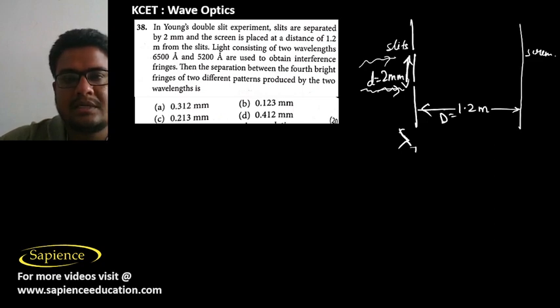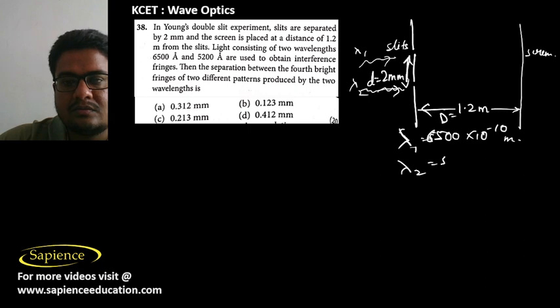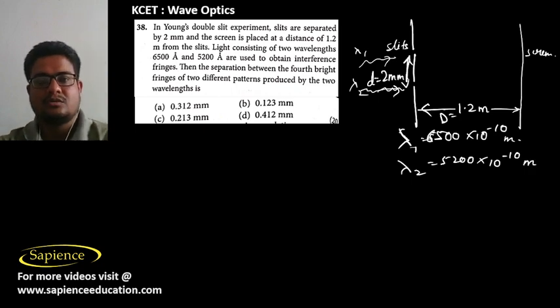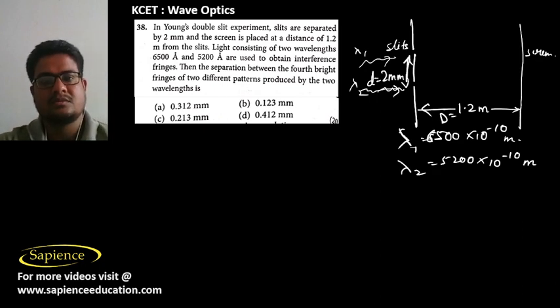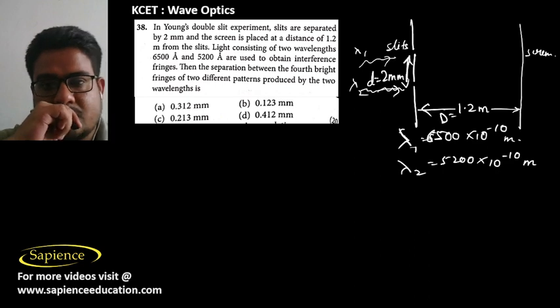The light consists of two wavelengths, lambda 1 and lambda 2. Lambda 1 is 6500 angstrom, that is 6500 into 10 power minus 10 meter, and lambda 2 is 5200 angstrom, into 10 power minus 10 meter.